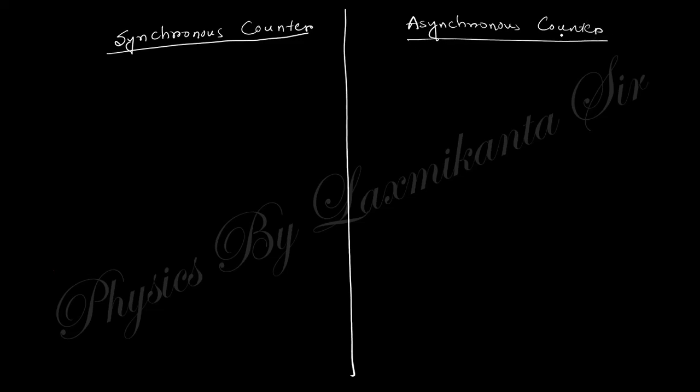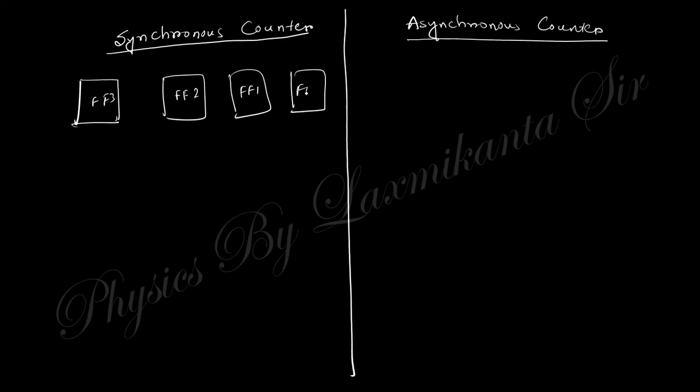Synchronous means all the flip-flops are triggered by a single clock. These are mainly JK flip-flops or D flip-flops: flip-flop 3, flip-flop 2, flip-flop 1, flip-flop 0.